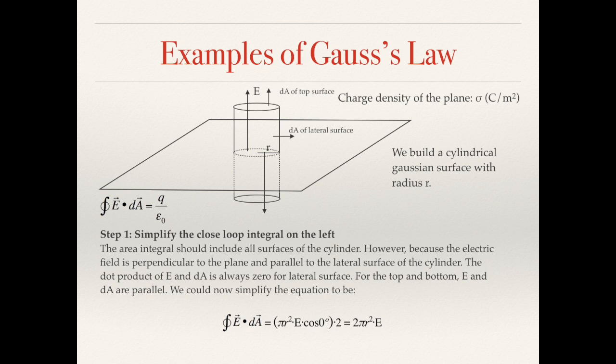And because we have both top and bottom, we need to multiply this by 2. So finally, we get 2 pi r squared times E. And this is the closed loop integral of E times dA for the cylindrical Gaussian surface we chose.